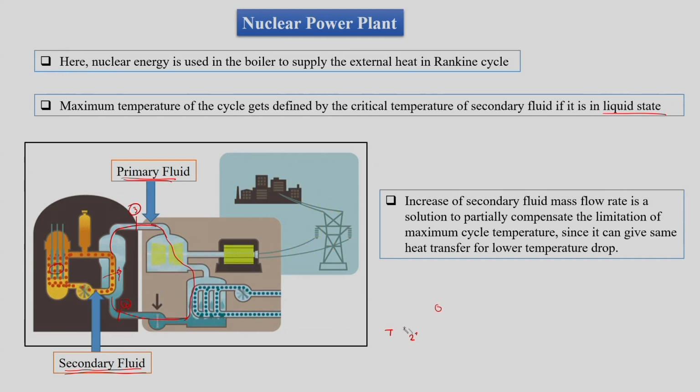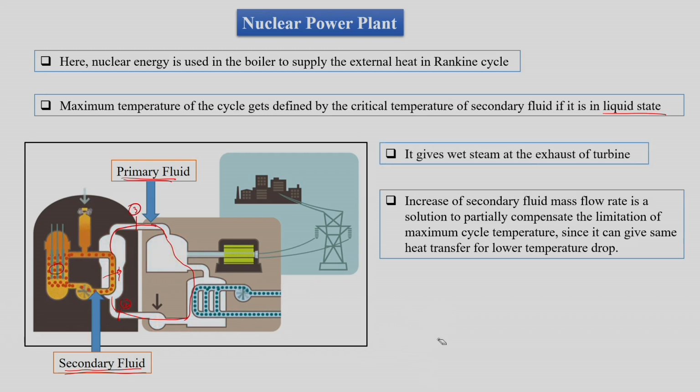Having said this, we can think of gaseous fuels also as the fuels, gaseous fluids also for the heat transfer. But if we have liquid fluids, then we know that for the simple Rankine cycle, turbine exhaust will be very wet. So, we will have very small dryness fraction at the outlet of the turbine.